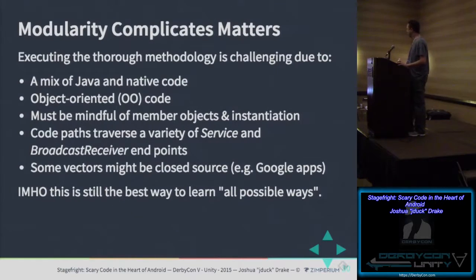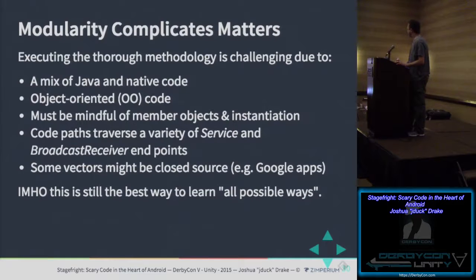Object-oriented code can definitely be wild with the use of member variables and where those get initialized. Luckily, Stagefright is open source, so that makes things a lot easier as far as reading it. But another point: some vectors might be closed source in this case. Google Hangouts is totally closed source, but it definitely calls into Stagefright.